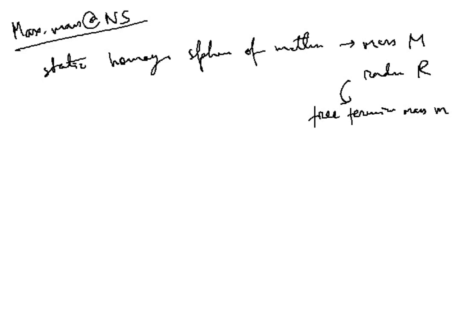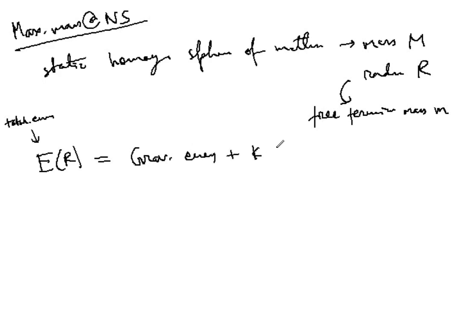Now you see, classically the total energy of a particle at radius r is basically the sum of the gravitational energy plus the kinetic energy.